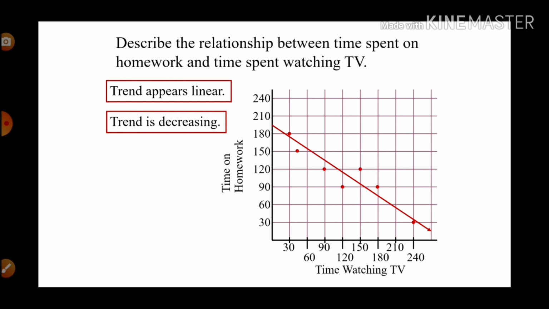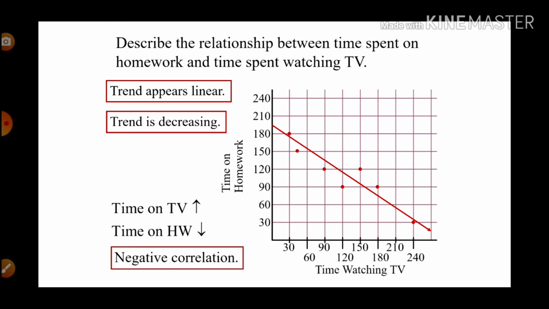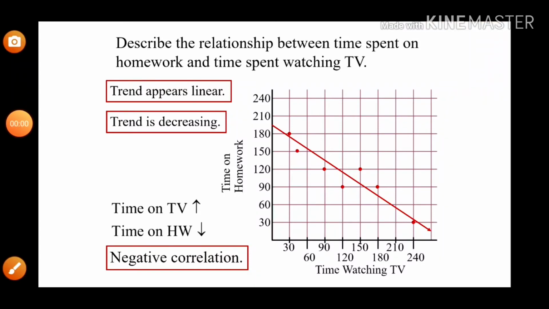Because as the minutes of watching TV increase, what happens to the time on homework? Yeah, it decreases. So you need to say that. Therefore, is it positive or negative correlation? Obviously, negative correlation. Do you see how to analyze the scatter plot? Okay, that's great.